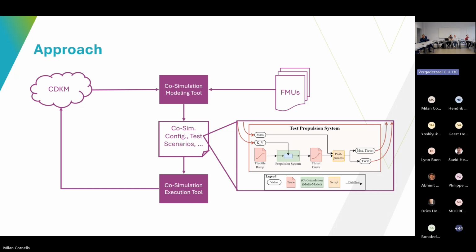They can have input and output artifacts like just values, for example, but also traces. So like this throttle ramp trace input and this thrust curve, but also these values, like for example, we have this input value mass, and these results, this maximum thrust and the thrust to weight ratio, they're then linked specifically to design parameters or performance values in the cross-domain knowledge model, which is illustrated with these arrows here.